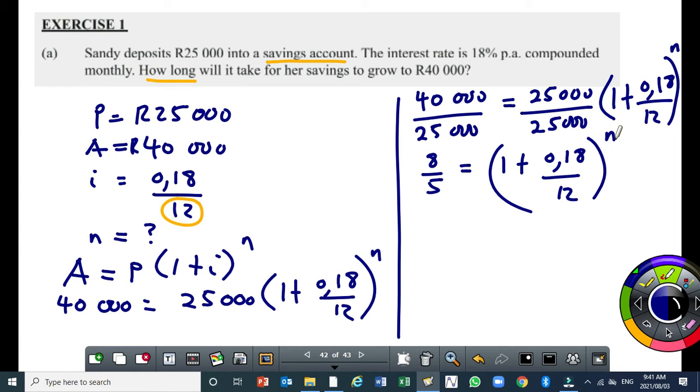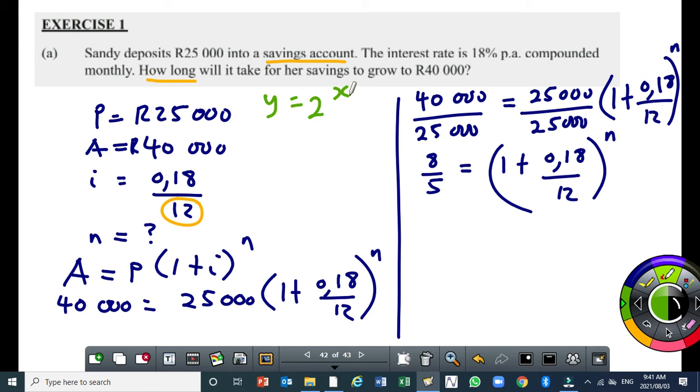Right. Now from there, we can bring in the logarithms. Do you remember when I taught you the exponential equations, where if you had, let's say, y is equal to 2 to the power of x, and you want to make x the subject?